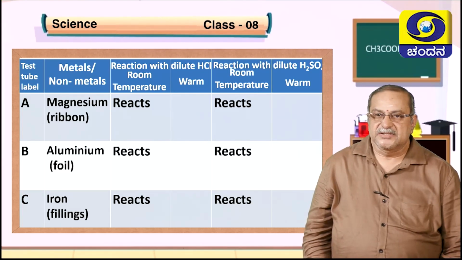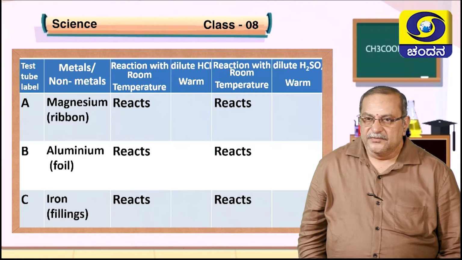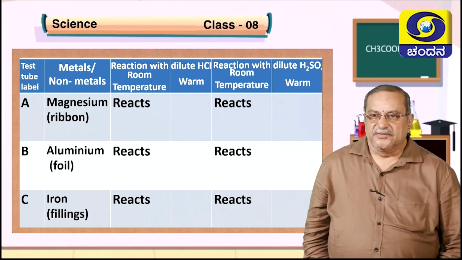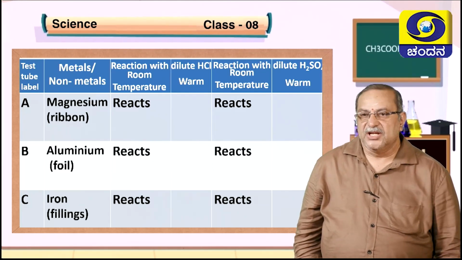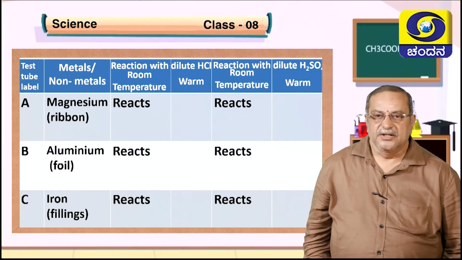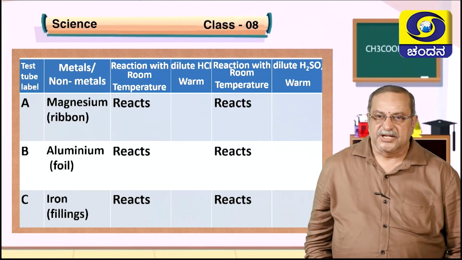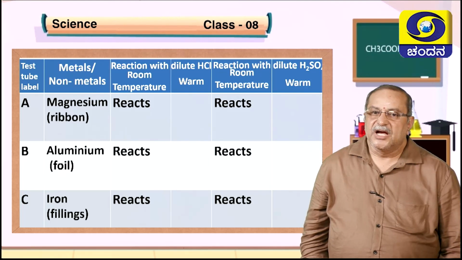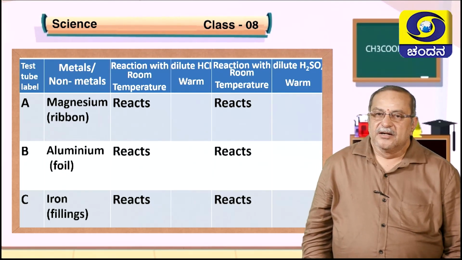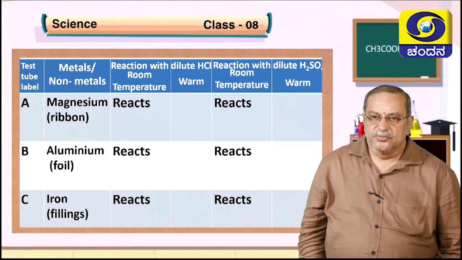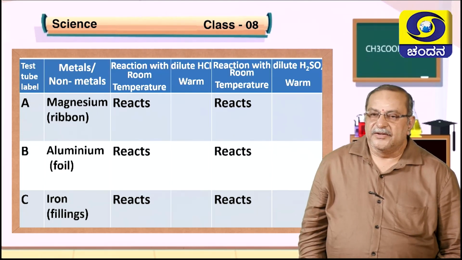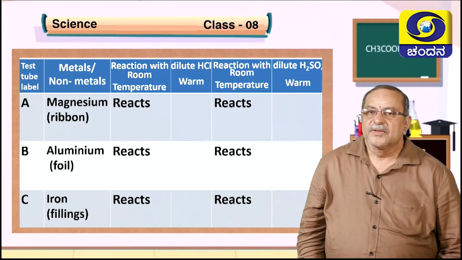It will react at room temperature also, with dilute H2SO4, and on warming. You have to check it out. Next, aluminum foil. It reacts at room temperature with the acid, children.